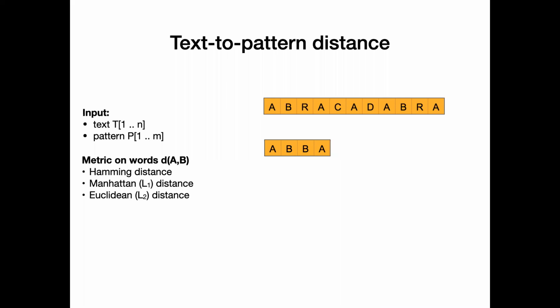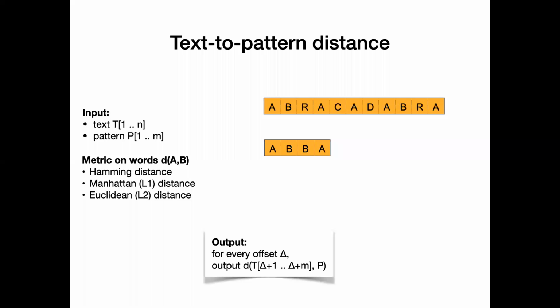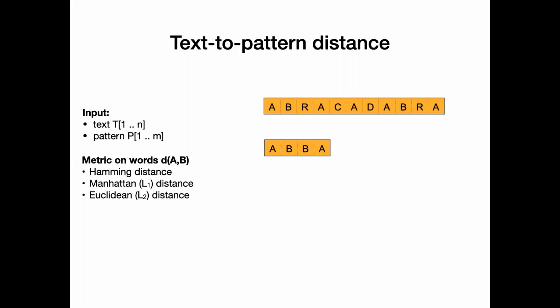In text-to-pattern distance, this is a well-established problem, already considered for at least more than 30 years. A standard setting in stringology: we are given a text and a pattern, and we want to compute something for every alignment of the pattern to the text.